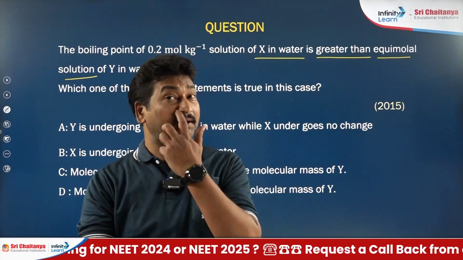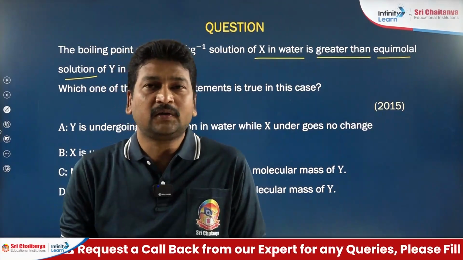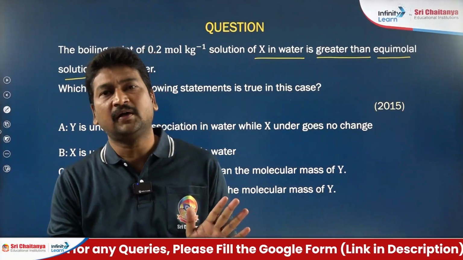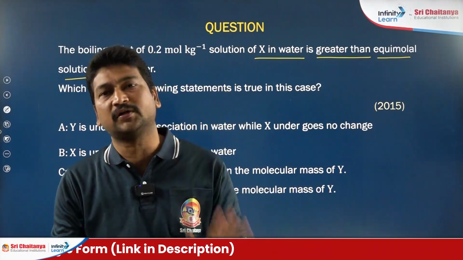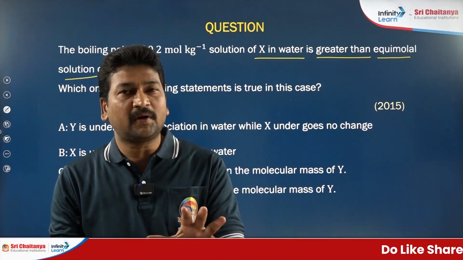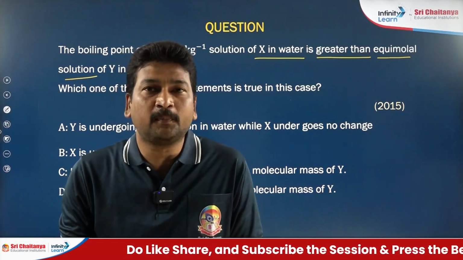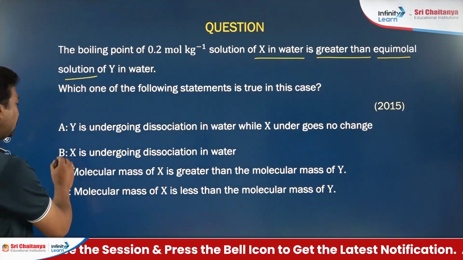And it is concluded that the boiling point of X is greater than Y. So we can say that X is undergoing dissociation in water. If X is undergoing dissociation in water, then the number of particles of X would increase and thereby the boiling point would increase. So the second option is the right option.